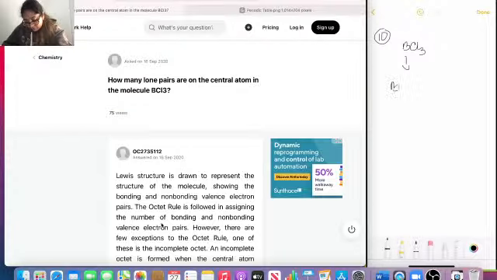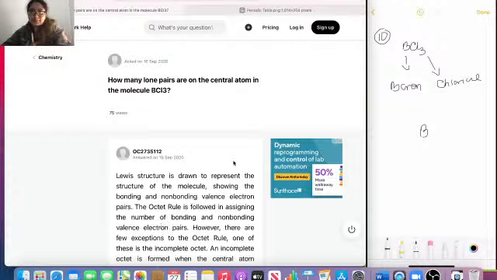So this is boron, right, and this is chlorine. So in this case, I can imagine that the central atom would be boron, right? And chlorine would be attached to it.